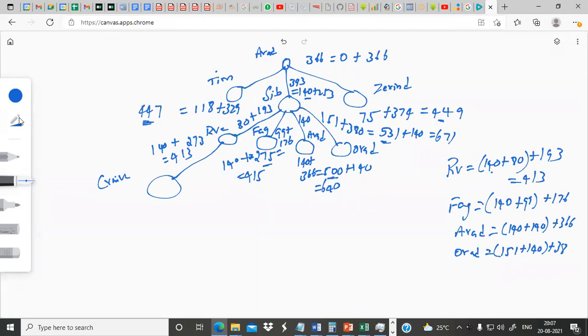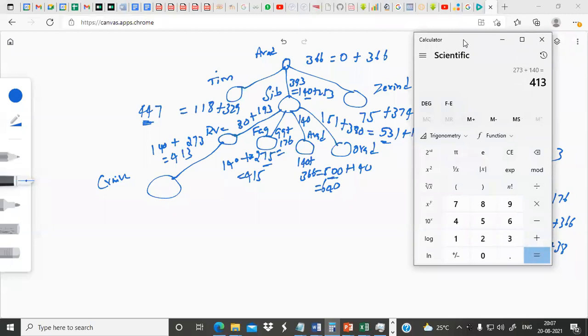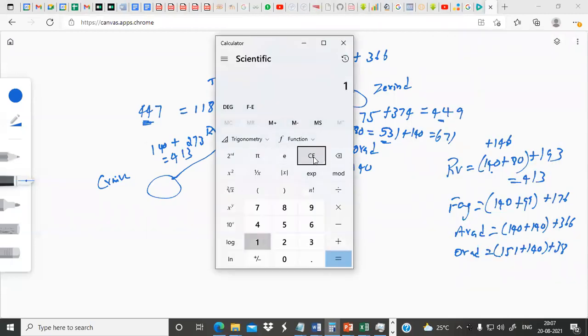So to that again we have to add 146. So 140 plus 80 plus 146.